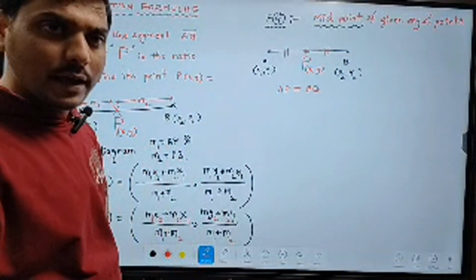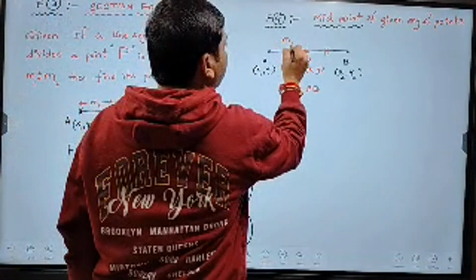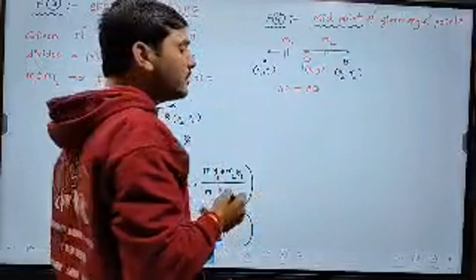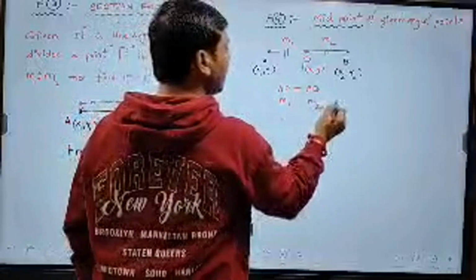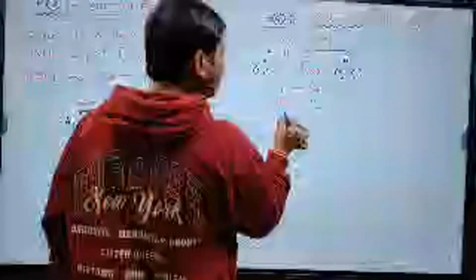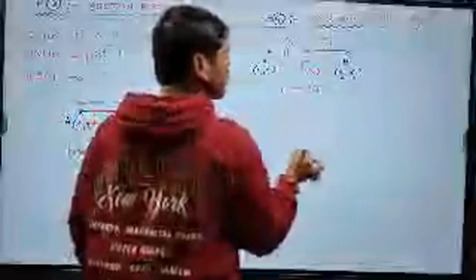this PB value, both are equal. So by the previous concept, this is m1, this is m2. AP value m1, PB value m2, both are equal. For example, if the m1 value is 10, this is also 10.